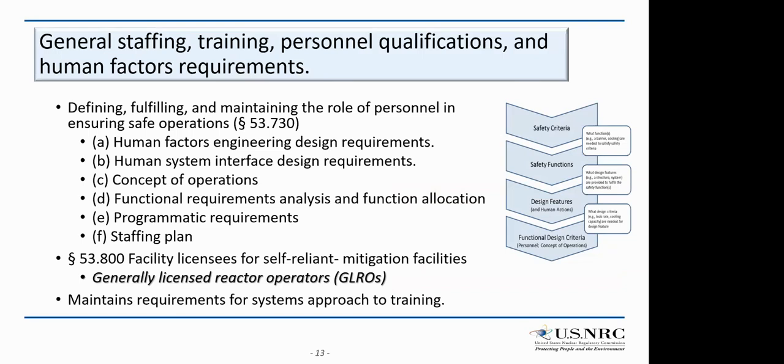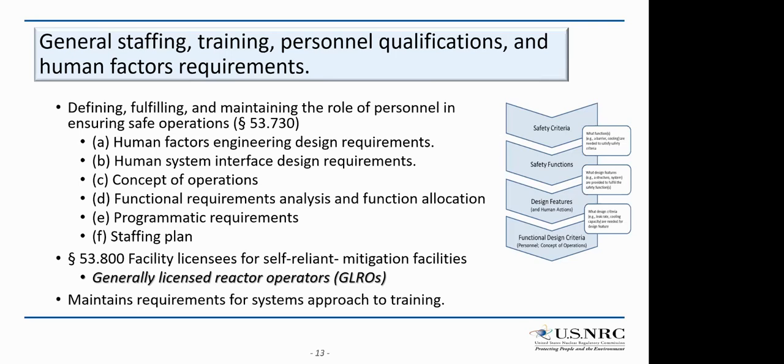So there is in subpart F a requirement that, or the requirements that are currently in part 50, and also all the requirements that are currently for staffing in part 55.